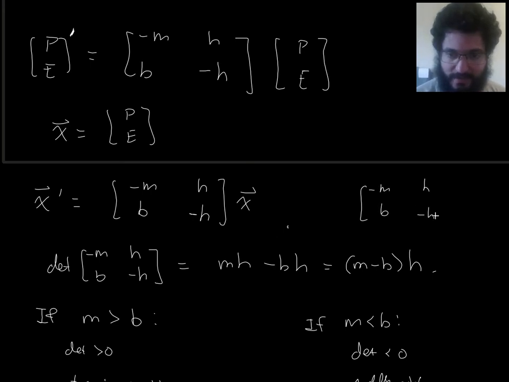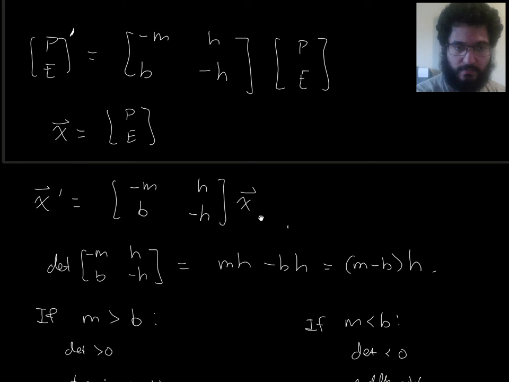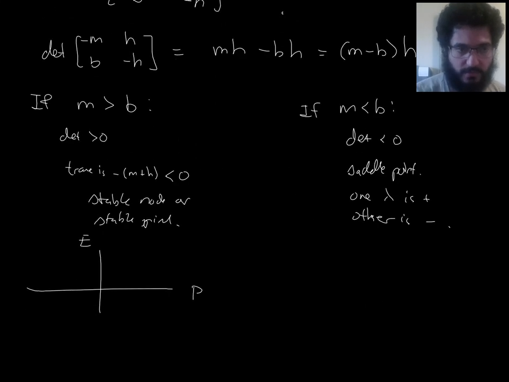If x is 1, 0, so if I have no eggs and some amount of population, then I'll get negative mb, which points to the left and up. So if I have some population but no eggs, then we point to the left and up like that. That sounds like we're spiraling in like that.